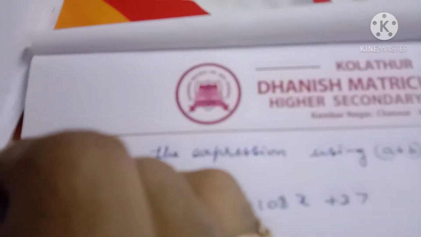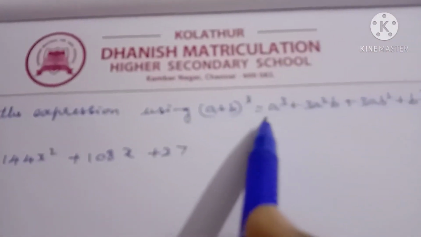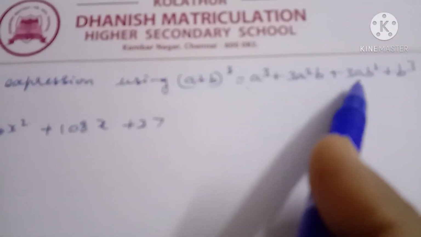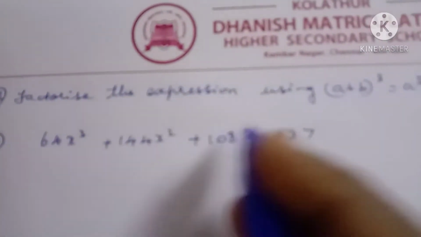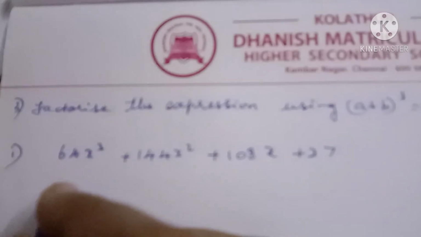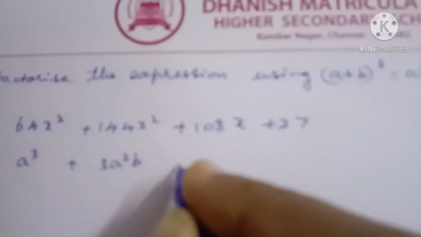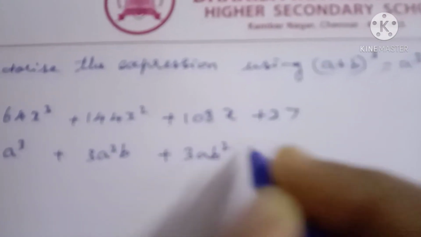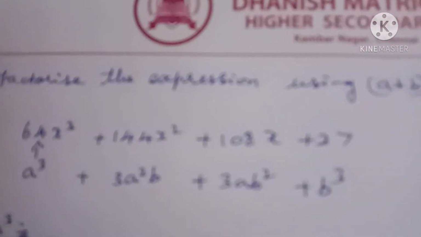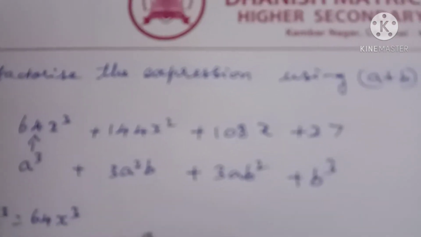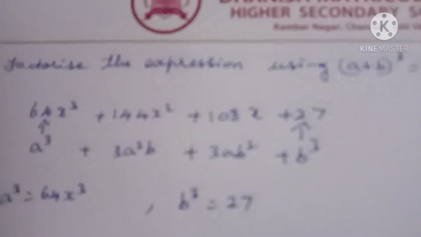Next question. Factorize the expression using a plus b the whole cube is equal to a cube plus 3a square b plus 3ab square plus b cube. So this can be compared with a cube plus 3a square b plus 3ab square plus b cube. Therefore, a cube is equal to 64x cube and b cube is equal to 27.